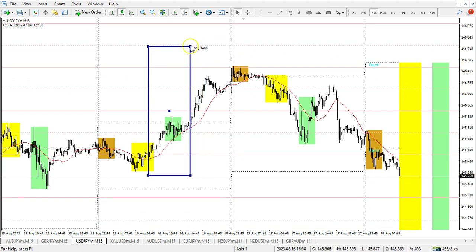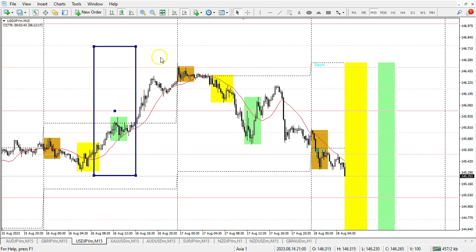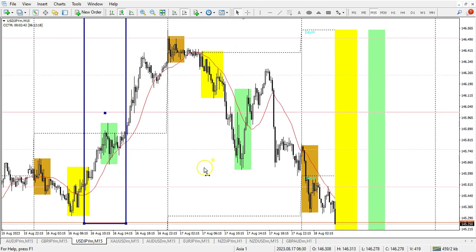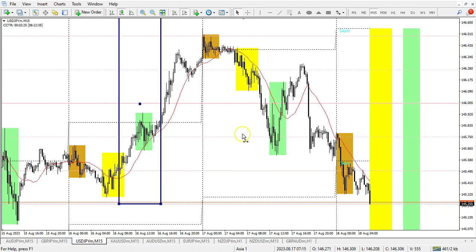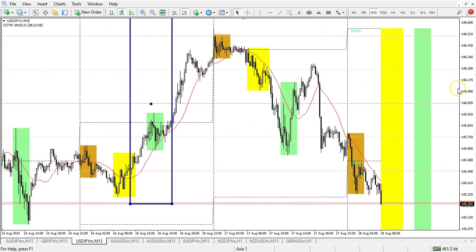Remember, it's not always going to be perfect, but you see it failed in this box. Now you can see the market has been pumped up almost 3 levels of 50. Once it's above 120, to me it's 3 levels of 50. I take it as 150 pips because I know it's not going to be as perfect as you want it to be.